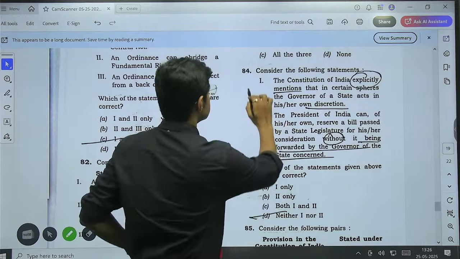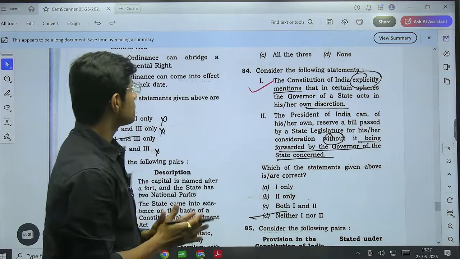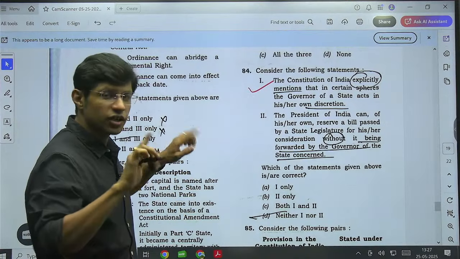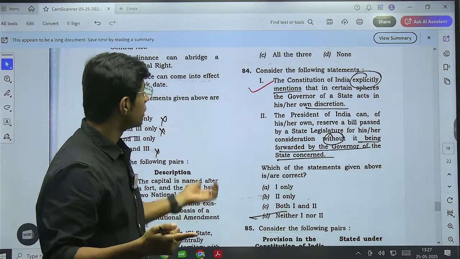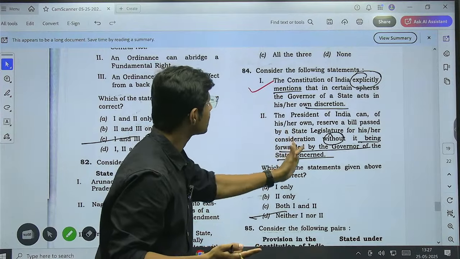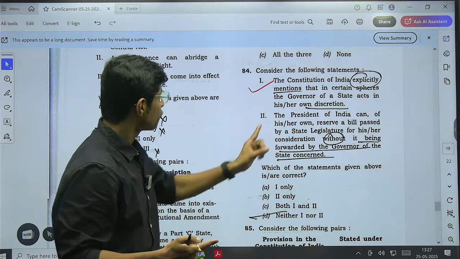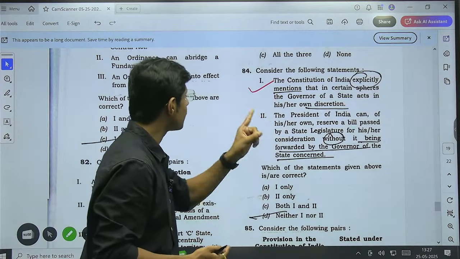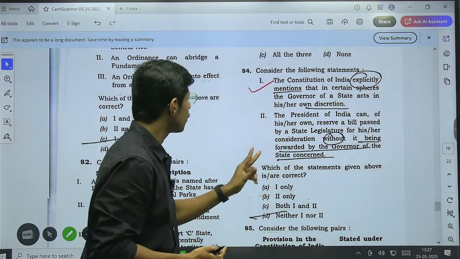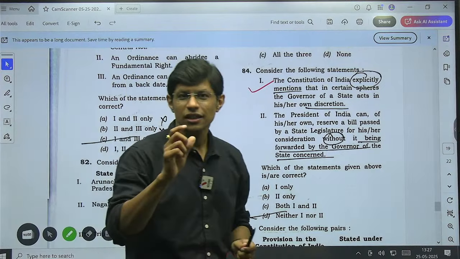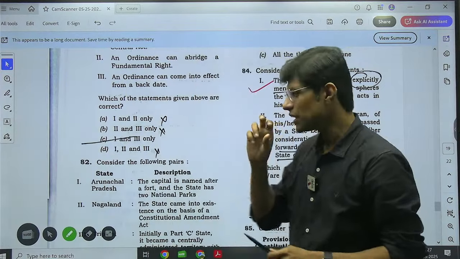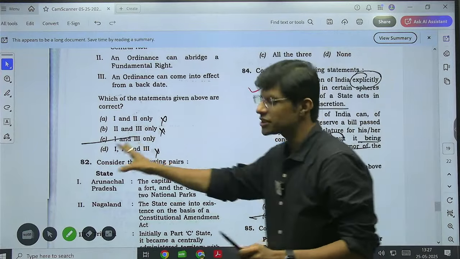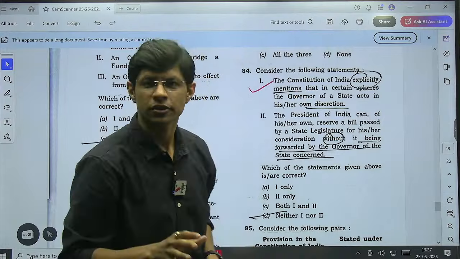Explicitly mentions, the statement is correct. Next, the President of India can, of his or her own, reserve a bill passed by a state legislature for his or her consideration without it being forwarded by the governor of the state. Now, sir, now see, the language seems to be complicated with respect to majority of the statements asked from the polity question.